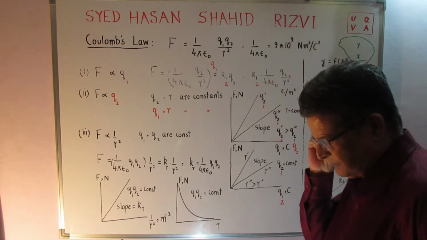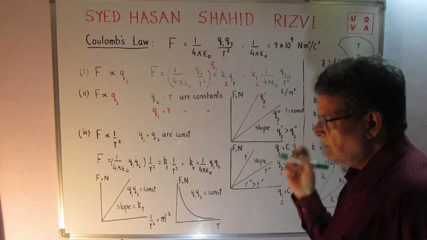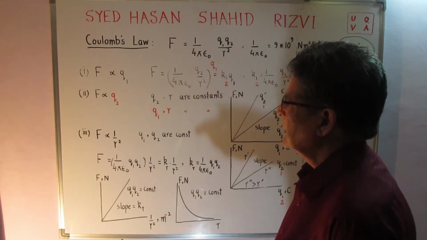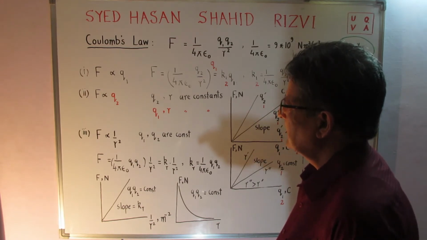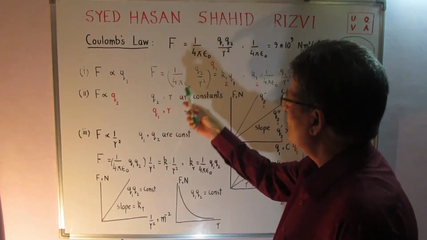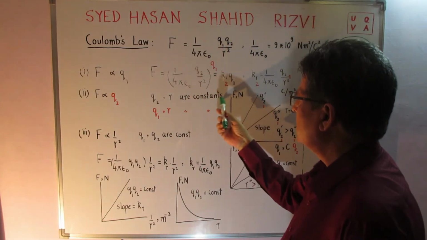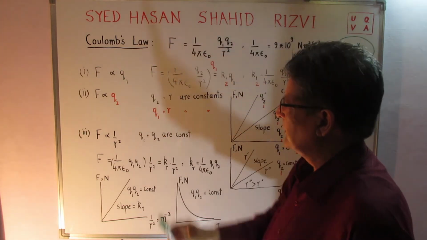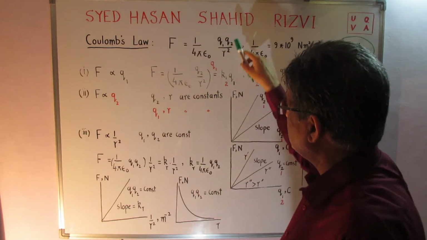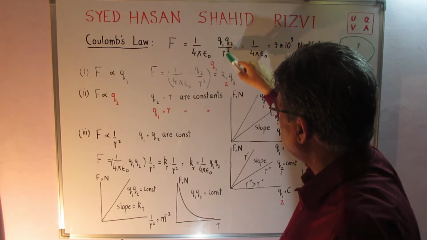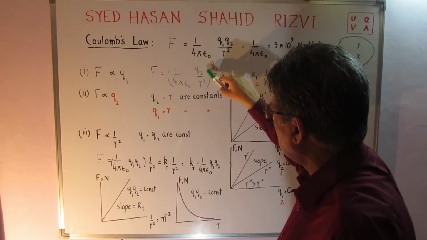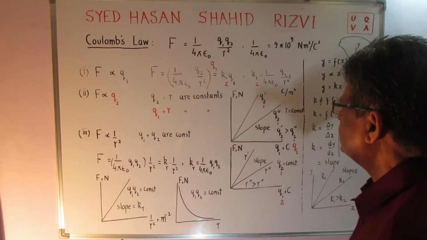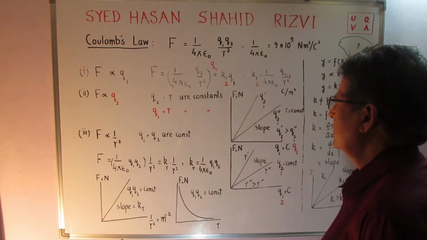Now, with the help of these basics, let's try to understand Coulomb's law in the first instance. What we did was that we took Q2 and R to be constants, and we found that F is proportional to Q1. So from this law I can see that Q2 upon R square into 1 upon 4 pi epsilon naught, which is put in the brackets here, let it be K1.